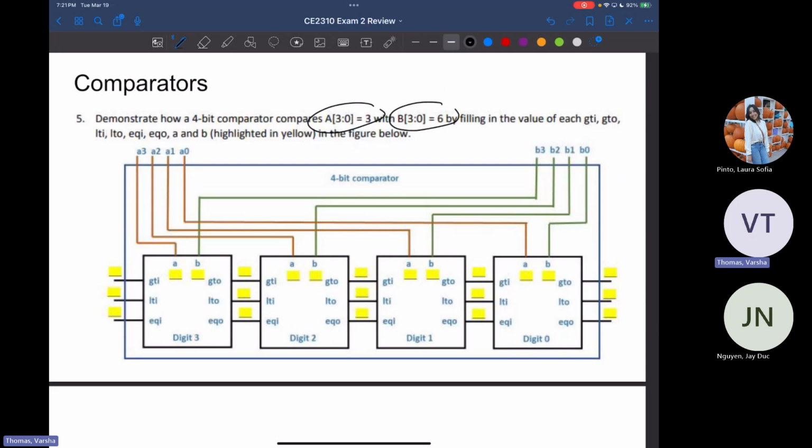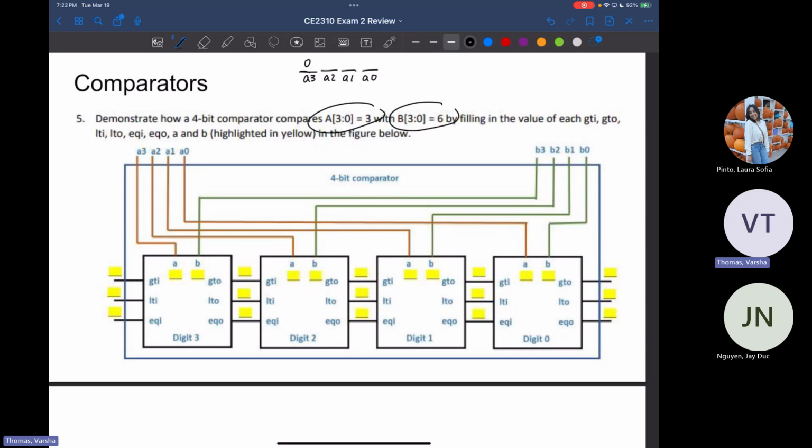What it's basically saying is we have A3, A2, A1, A0. These are all the placeholders. So we have a 4-bit input, going from the 0 placeholder to the A3 placeholder. And we want to represent 3 in 4-bit binary, essentially.